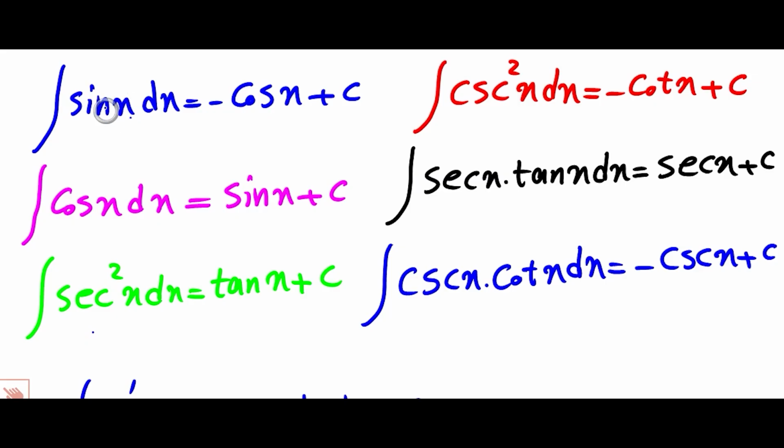If the inside angle is ax, then its derivative is a. So when we integrate, we must compensate for that derivative by dividing by a, right? For example, the integral of sine of ax dx.